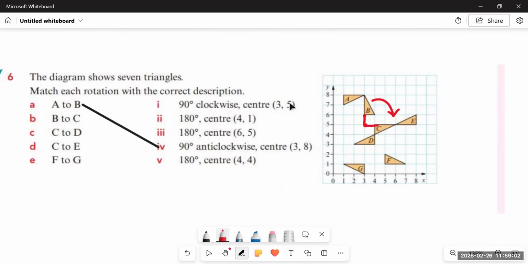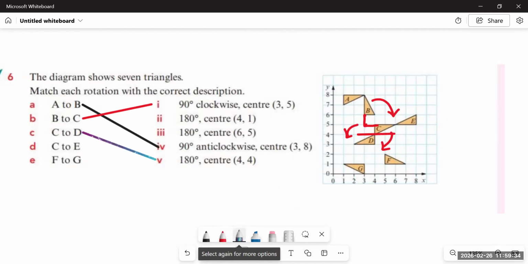So it's 1. C to D is 180 degrees because it could be in this direction or in this direction. In both directions, it's the same, right? So C to D is with center 4, 4. It's 180 degrees. This one, number 5.